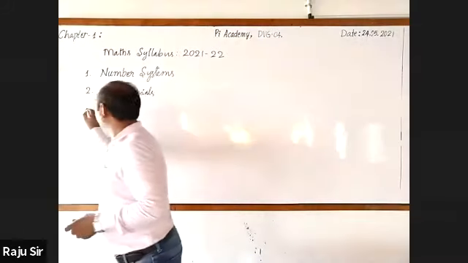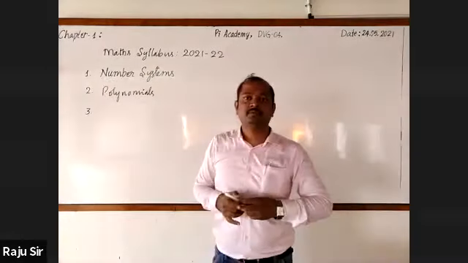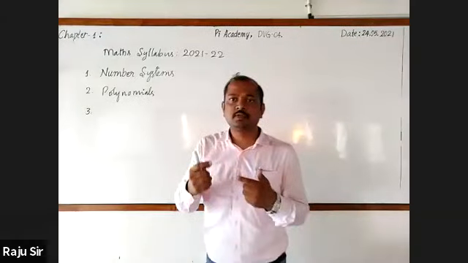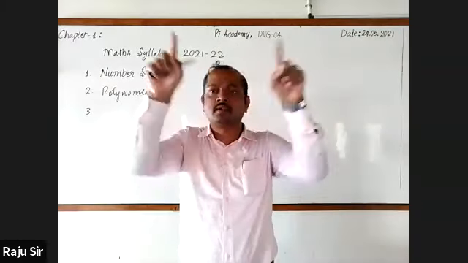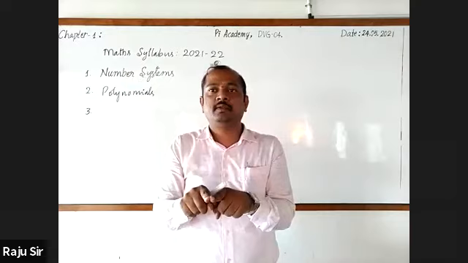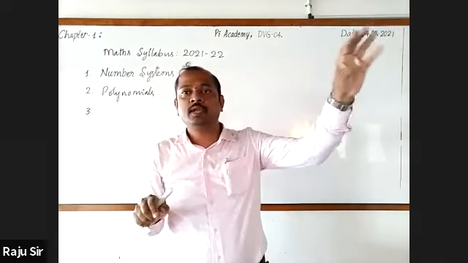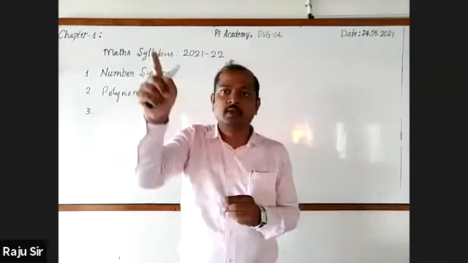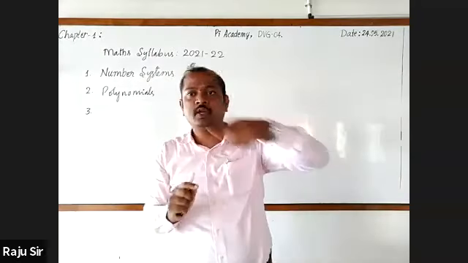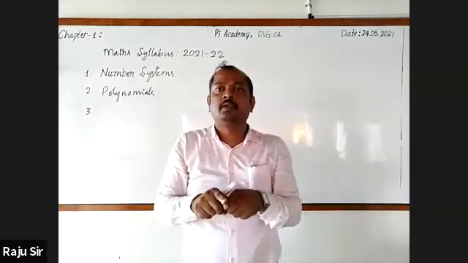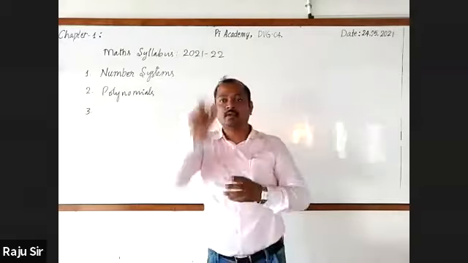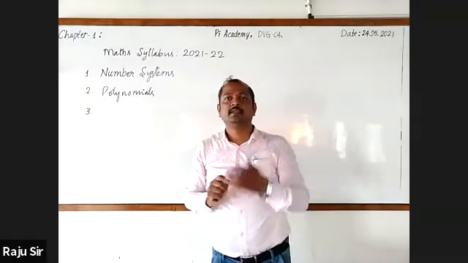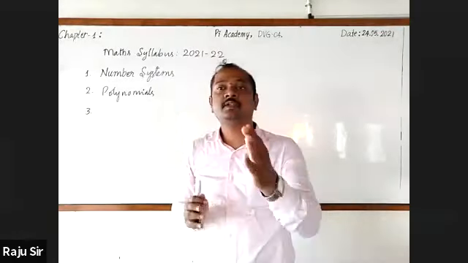Third one, it is related to the graph. When we use the word graph, obviously we will recall a plane where we will go for locating the points, where we will go for drawing some pictures, drawing some lines, drawing the columns, vertical bars. It is Cartesian plane.